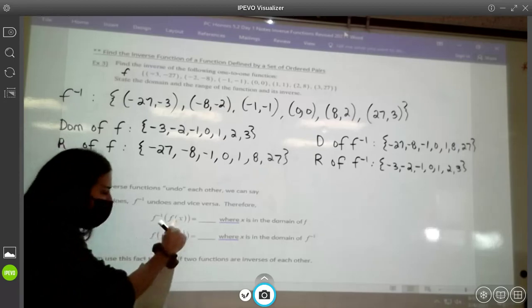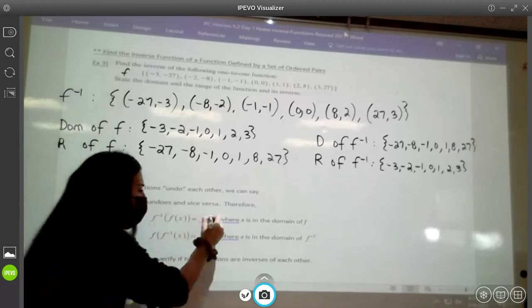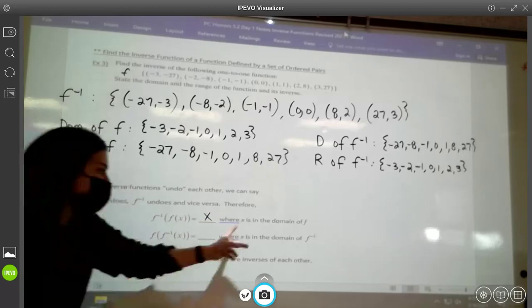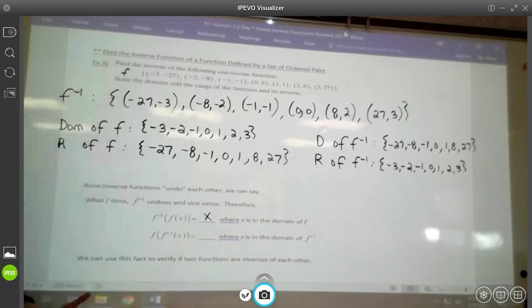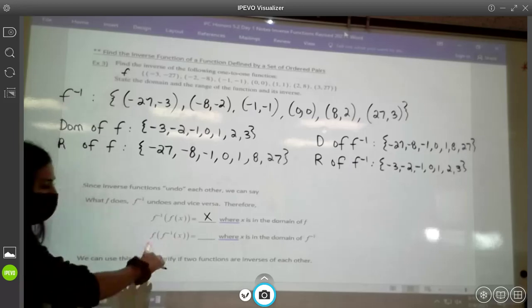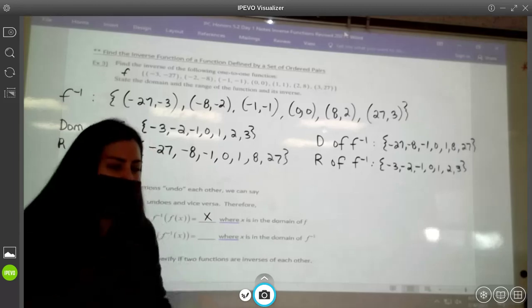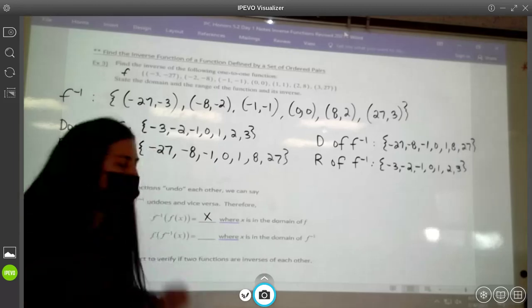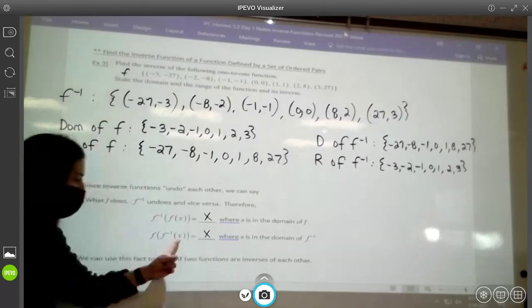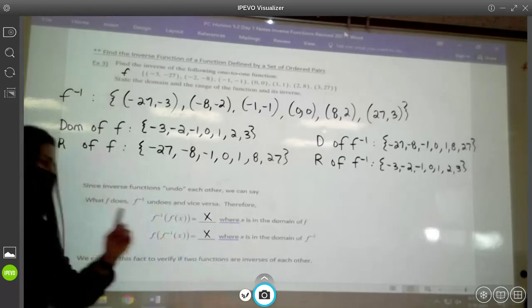If I plug the original function into the inverse, all of those operations are going to cancel out and just leave you with x, as long as x is in the domain of f, because that's where you start. And same thing, if I plug the inverse into the original function, all of those operations are going to cancel each other out. They're inverses. They're undoing each other, and they're going to leave you with just x, your original input, as long as x is in the inverse's domain, because that's where it starts.